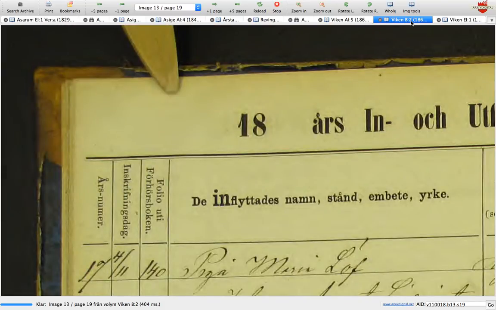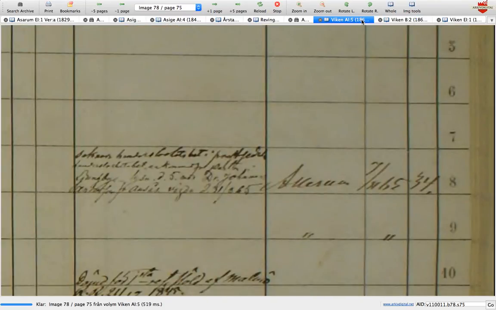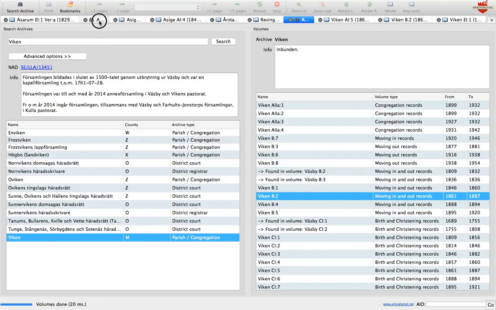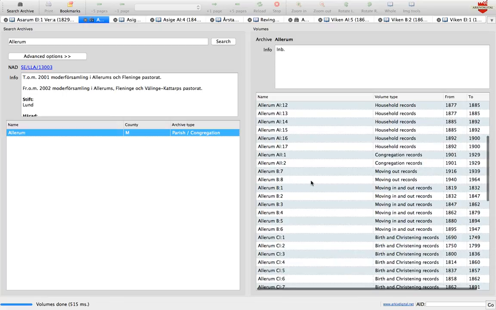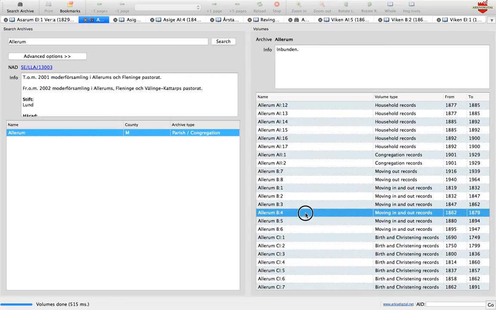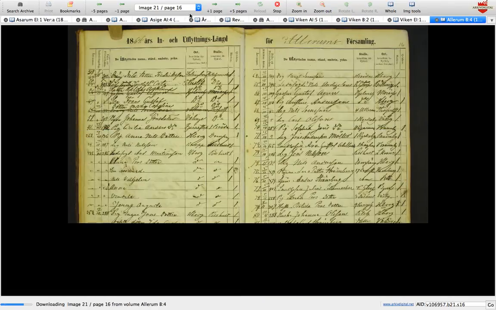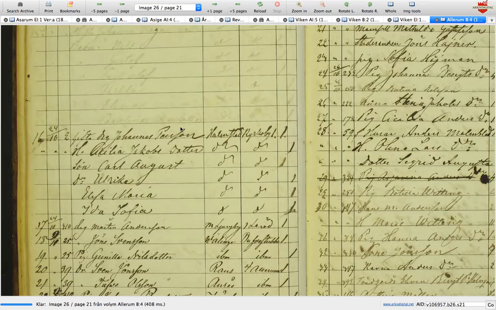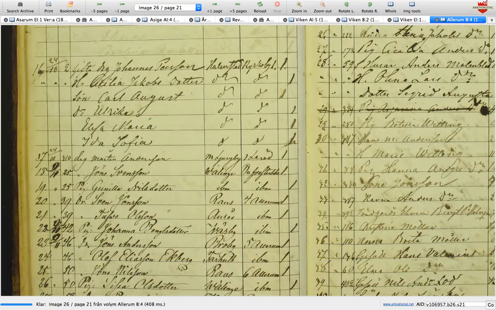Which year are we on now? You have it there. 65. Allerum moving in 65. And then we have out in here, and then you have a number 16, and then we had a date here, and it's 7 November. It's this.